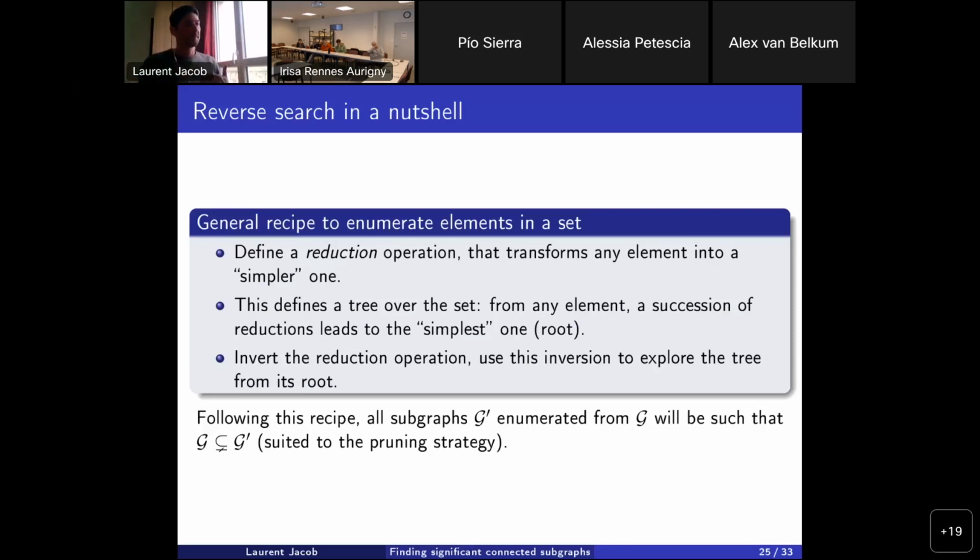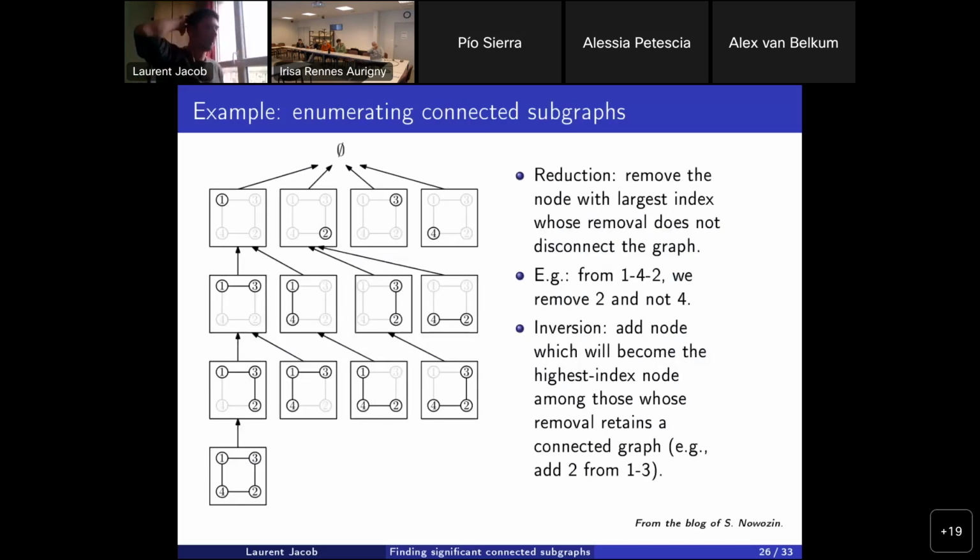And following this recipe, all the subgraphs that are enumerated from any given subgraph will be larger, and it will make it suited to a pruning strategy because of the monotonicity property that I was discussing. So this is a well-known example of how you can use this idea of reduction to enumerate connected subgraphs.